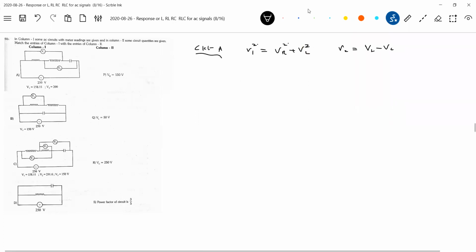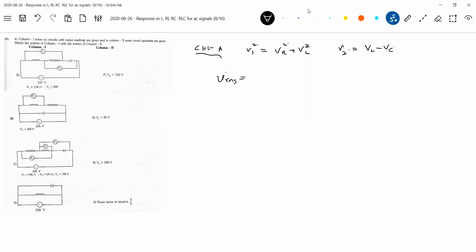Now, what all information do we have here? We have V1, and we know V2, and we know VRMS. Tell me what I should write for VRMS. Let's write one more equation.